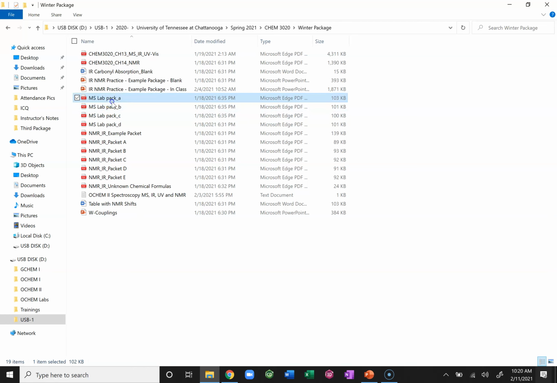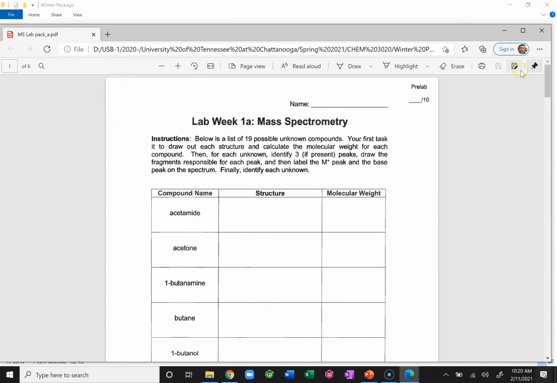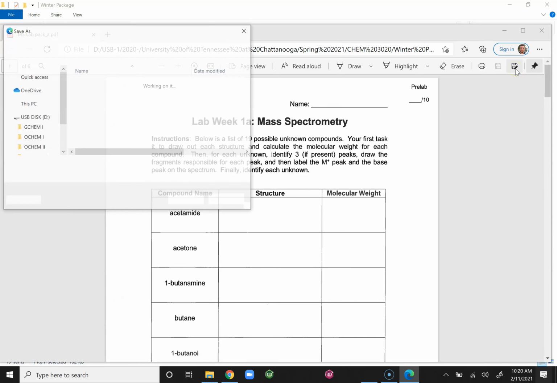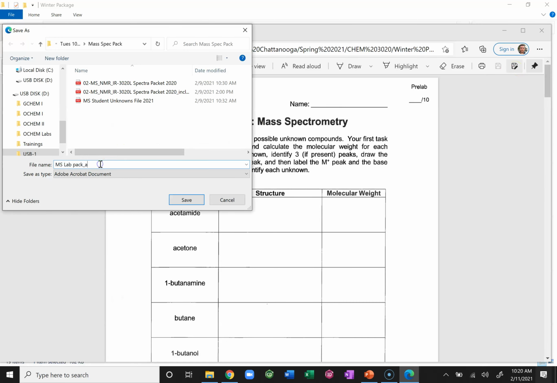All right, so I'm going to do the mass spec pack A. There's no way to save as. Sorry about that. That is annoying. At least that wakes you up, right? You should be awake.